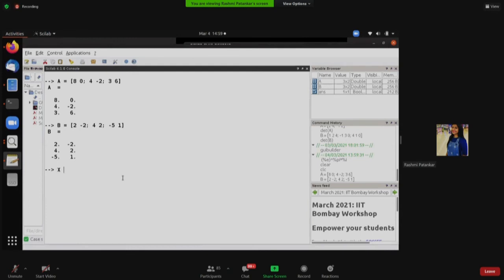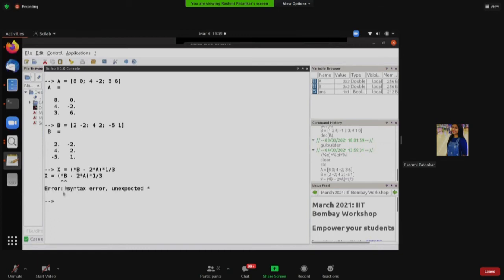So let's write X is equal to 5 into B minus 2 into A, and the whole expression will be divided by 3, or you can say multiplied by 1 upon 3.